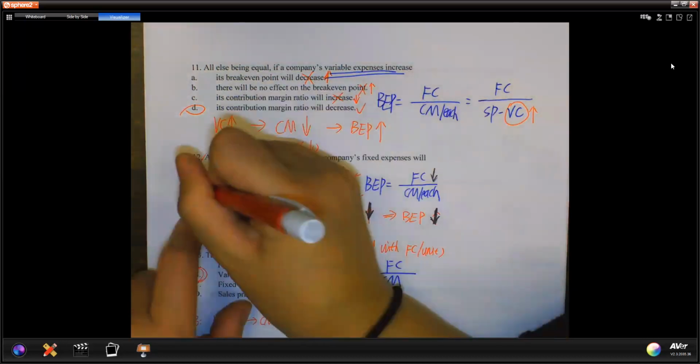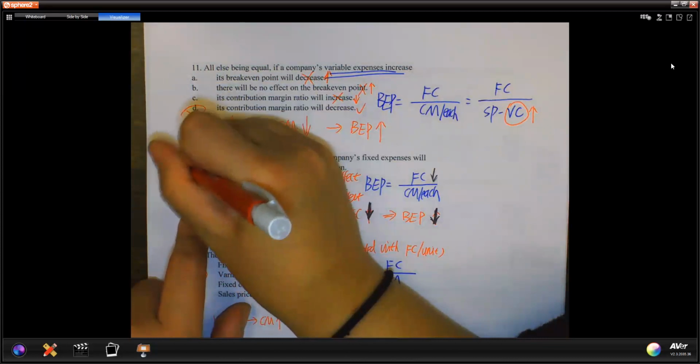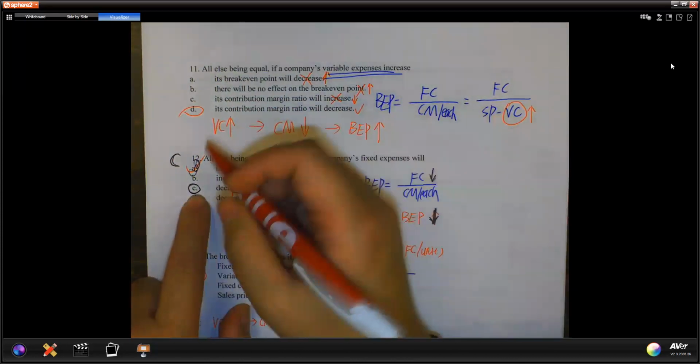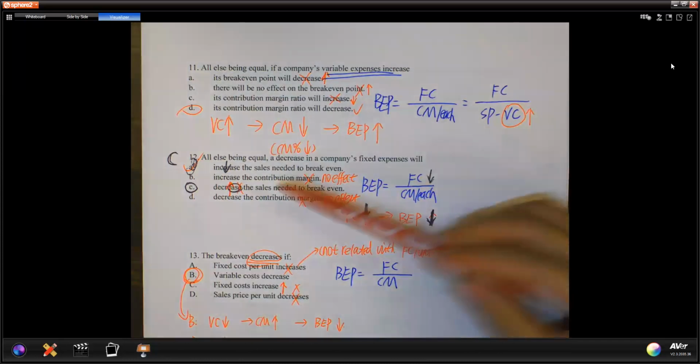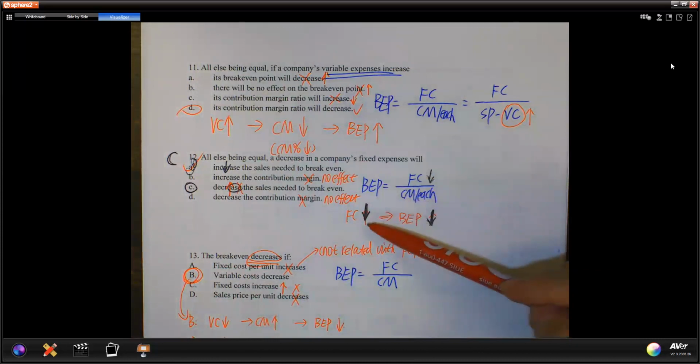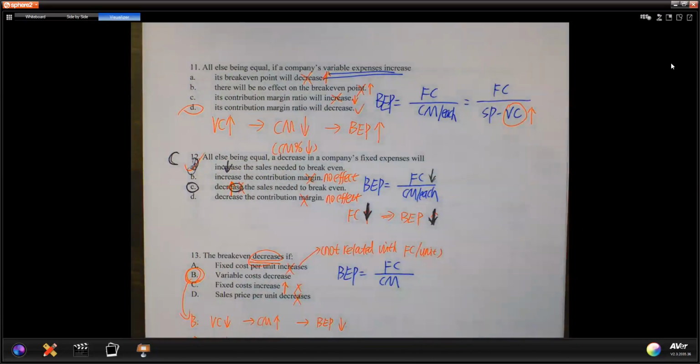So this is the correct answer. Sorry about that. So your answer is C. I made a mistake, so the answer is C for this one. Numerator decreases, then your units will decrease.